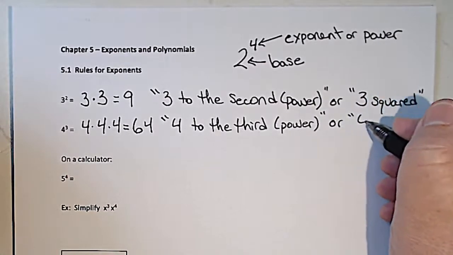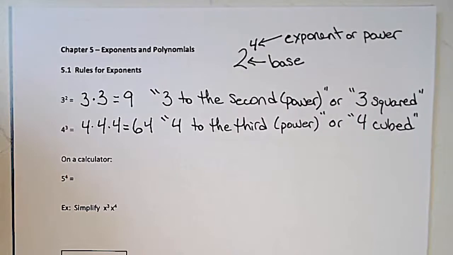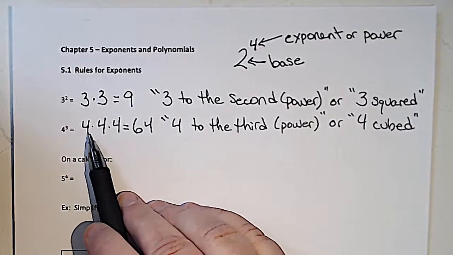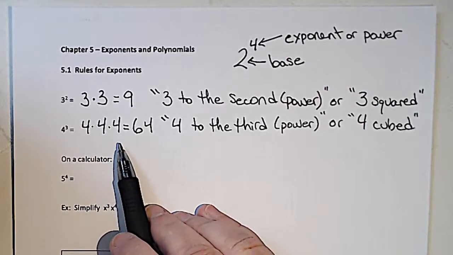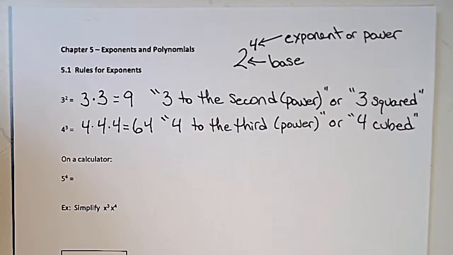Or 4 cubed. Now 4 cubed is because this would be the volume of a cube if each of the dimensions were 4. So that's where that comes from. 3 squared, 4 cubed. We don't extend this. There's no 5 tesseracted. So these are pretty much the only two nicknames that we have.